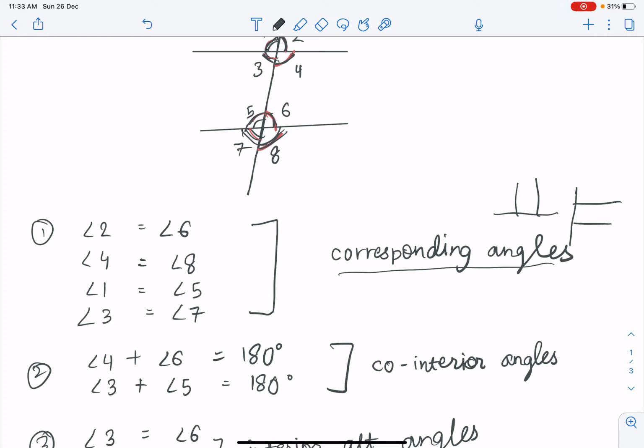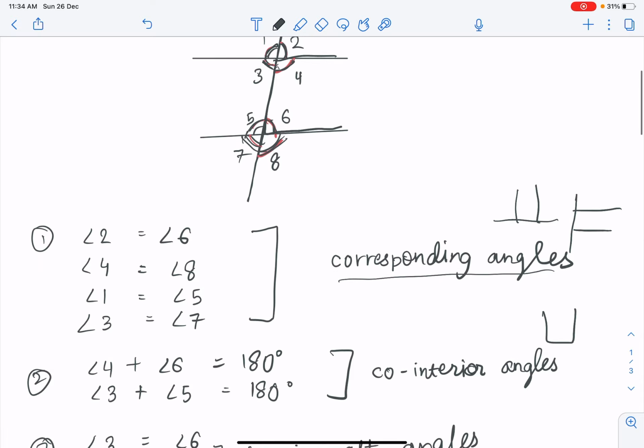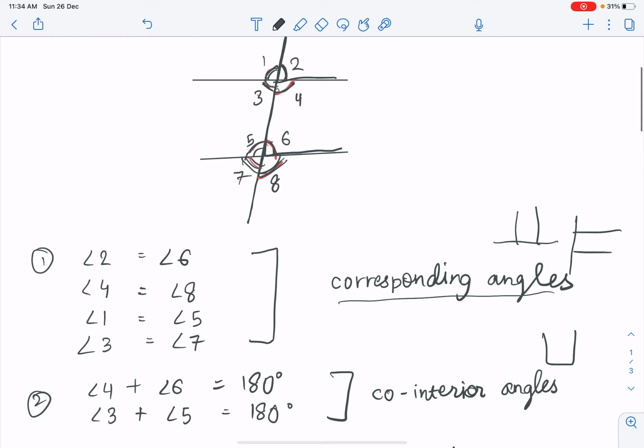Then only corresponding angles will be formed. Right? Yes. In co-interior, a U shape should be formed. See, here in this angle 4 and 6, a U shape is being formed. In our corresponding angle 2 and 6, an F shape is formed. See, like this and like this.